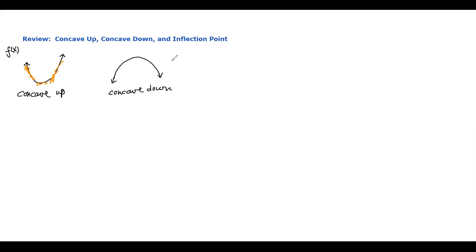Concave down is when you draw the tangent lines along the points of the curve, and you find that your curve is all below the tangent lines. That's what we define as concave down. And the place where the concavity changes, we call the inflection point.